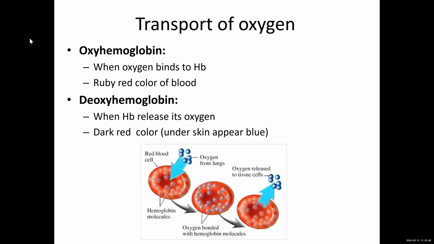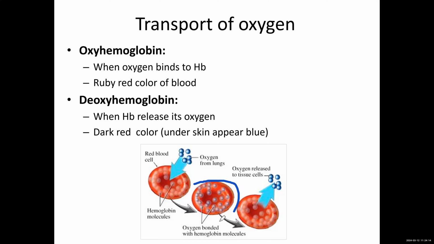Transport of oxygen. Here's your red blood cell, and inside we have these molecules of hemoglobin. When oxygen binds to hemoglobin, we call it oxyhemoglobin, and this one is ruby red in blood. Why do you need to bind oxygen to hemoglobin?